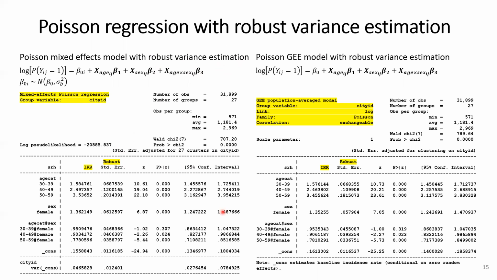Also, as I mentioned previously, the relative risk estimated using the GEE model is somewhat smaller as compared to those we received from the mixed effect model, but it's not that much in the case of the Poisson model.